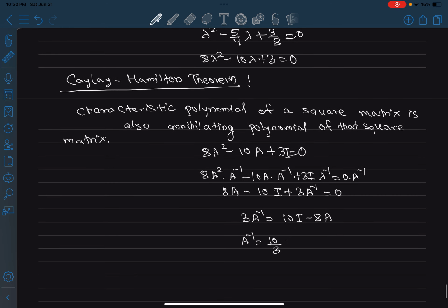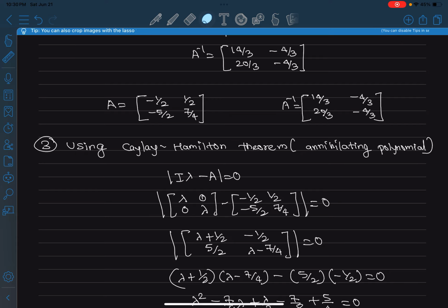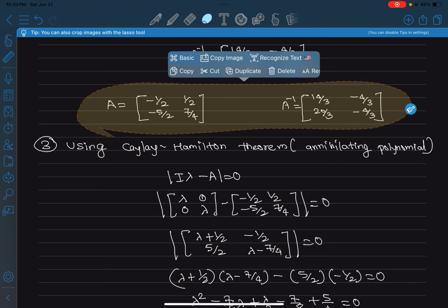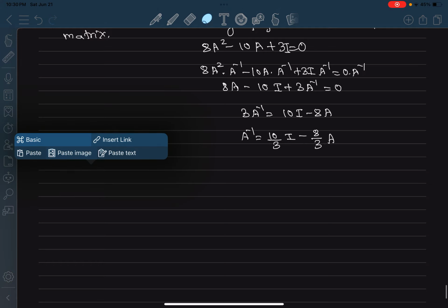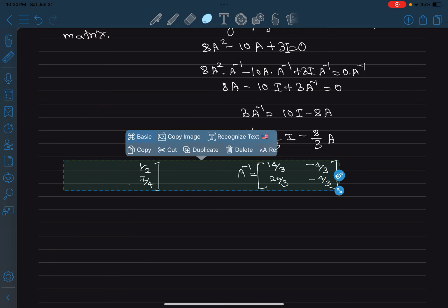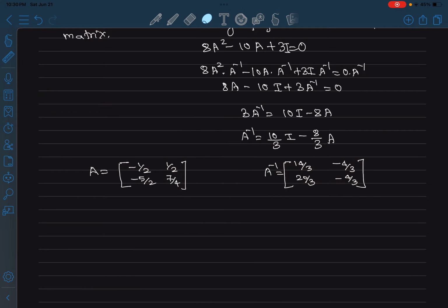Now we already know A. Let me write this down again. Okay, so we're going to find A inverse. We know that this I is just 1, 0, 0, 1, and minus 8 over 3 times our A, which is negative 1 over 2, 1 over 2, minus 5 over 2, 7 over 4.